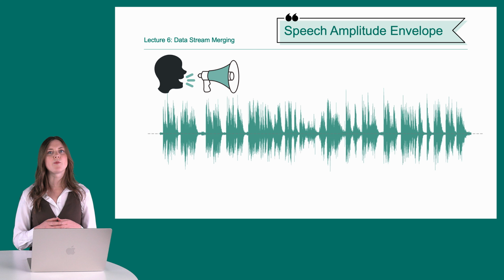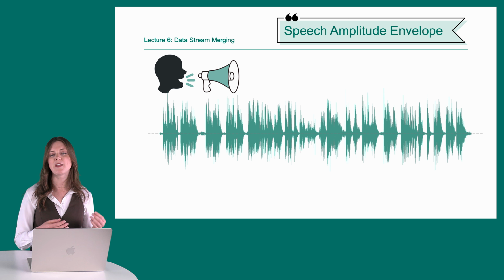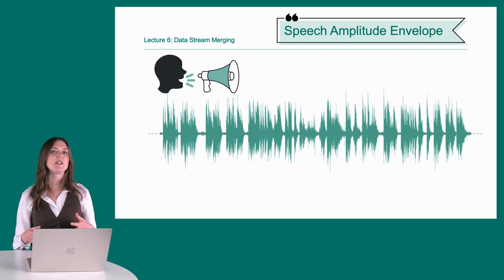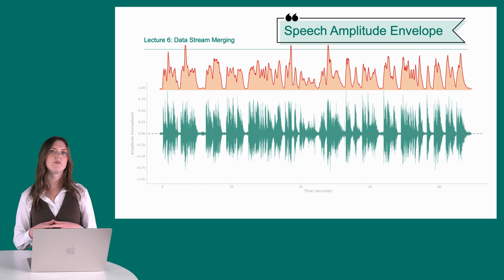Another type of data we'll be working with, specifically in Lecture 8, is the audio signal of participants' spoken language. When people speak, the amplitude or intensity of their voice changes over time, which is visible by the height of the audio waveform that you see here. Speech amplitude corresponds to how loud we perceive the speech to be.